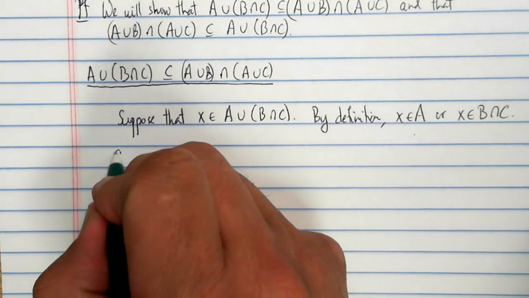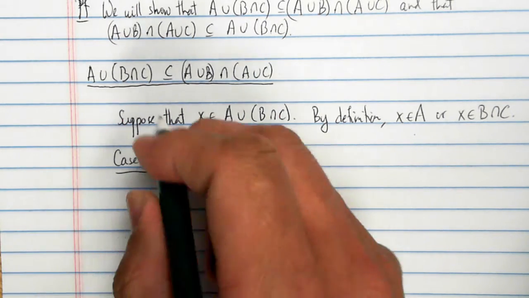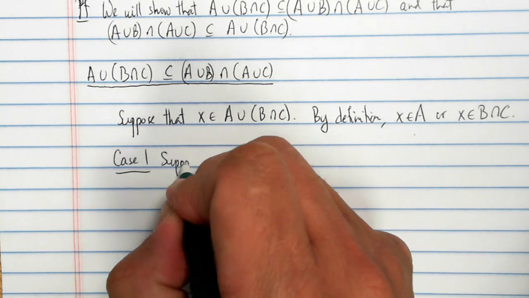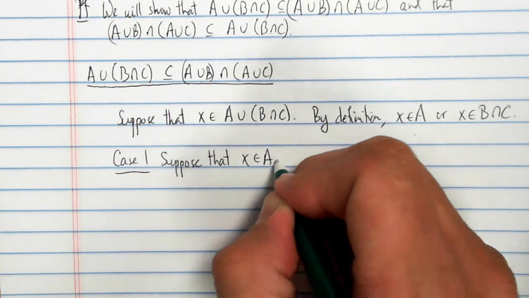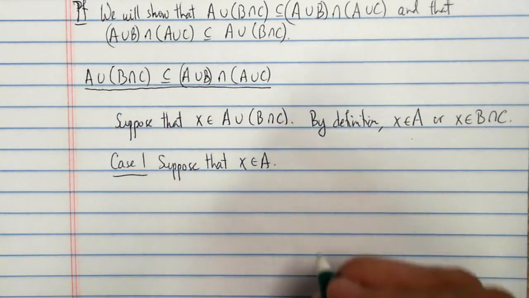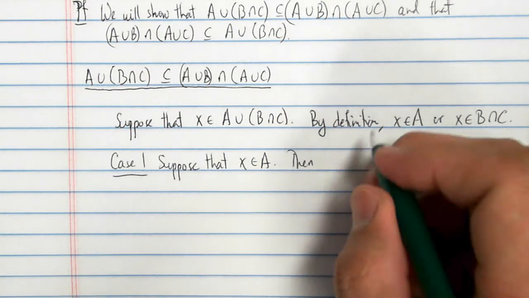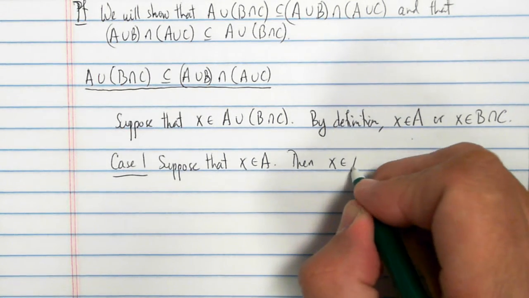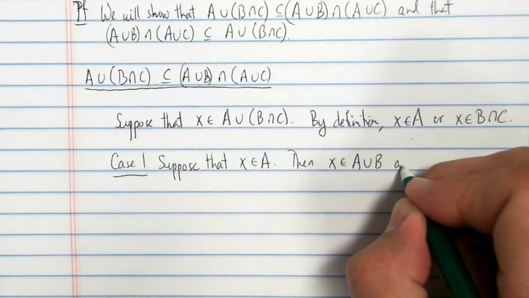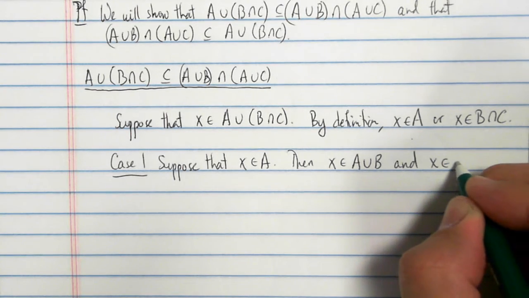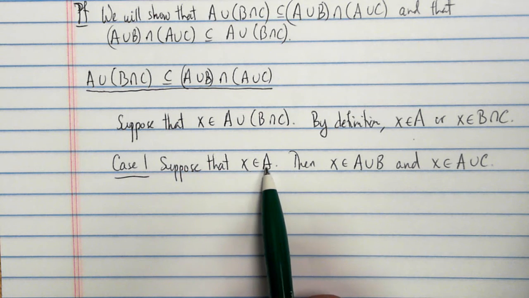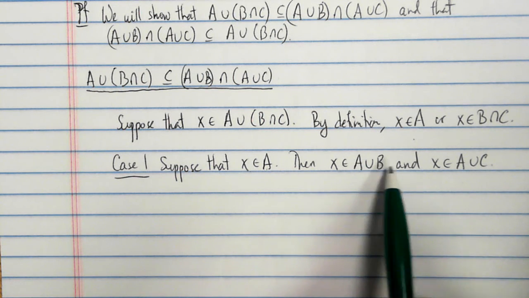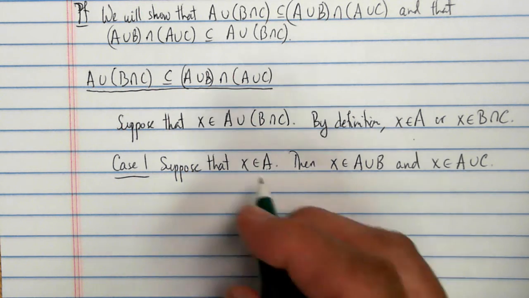So case 1. Suppose that X is in A. Then X will also be an element of A union B, and also X is going to be an element of A union C. If X is in A, then clearly X is going to be in this bigger set, and also X will be in this bigger set.